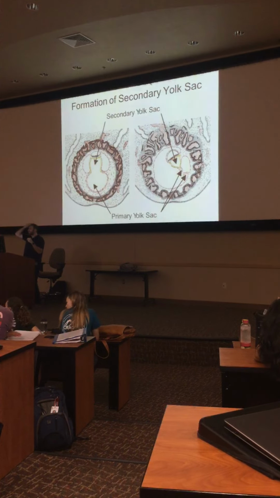Those two on the top, left and right: what's on the left right here and what's on the right? You see my arrows? This is what was the chorionic cavity. This right here is pushing into the chorionic cavity, so it's essentially just occupying the middle space of the chorionic cavity.